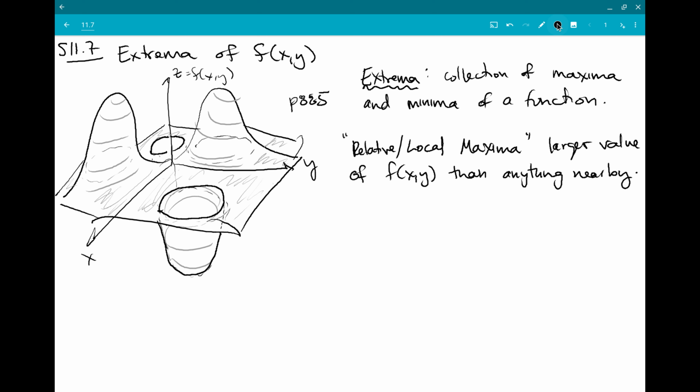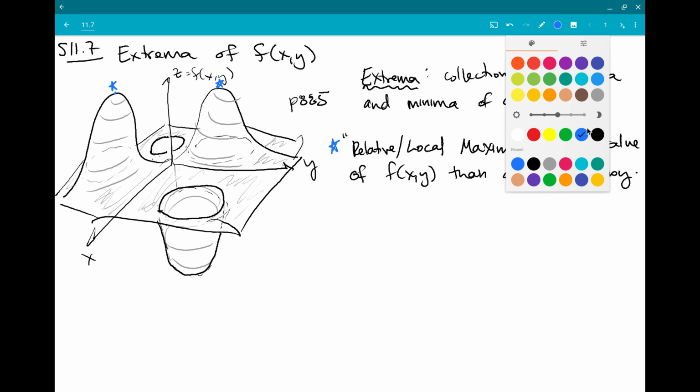Examples of this would be right here at the top of this peak and right here at the top of this peak. I'll denote with a star right there. So these stars are local or relative maxima. If you're at the top of this peak, anywhere you go nearby is smaller. So right here is a local maximum. But it's not an absolute maximum because you're not bigger than anything anywhere.